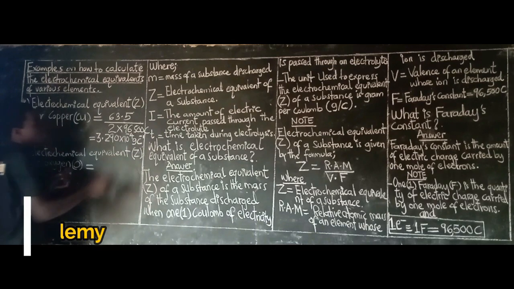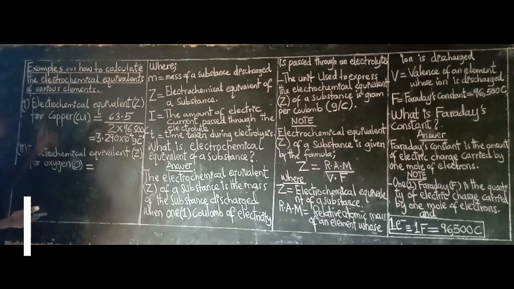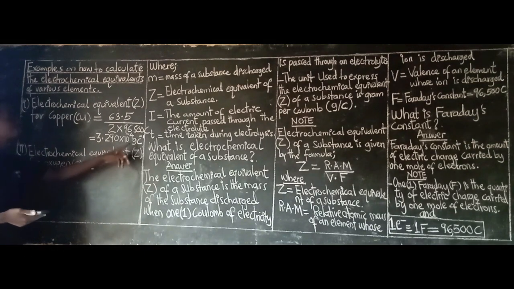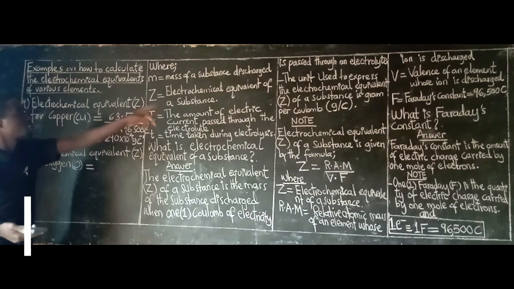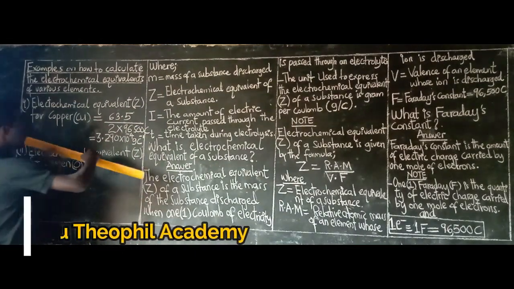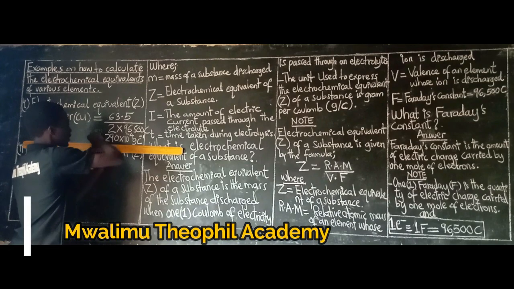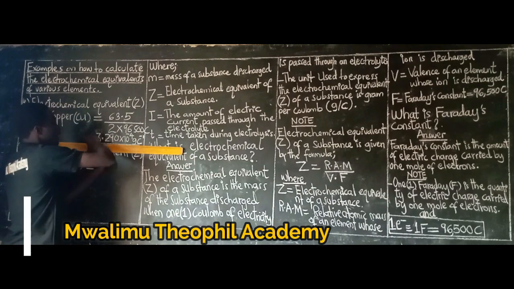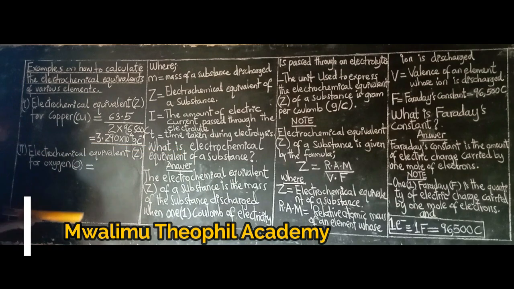As we have said, the unit for electrochemical equivalent is gram per coulomb, as I have written there. This is the electrochemical equivalent of copper.